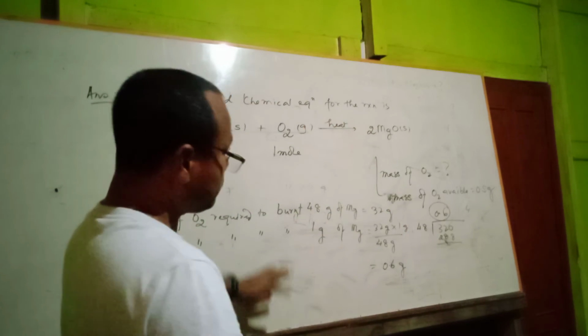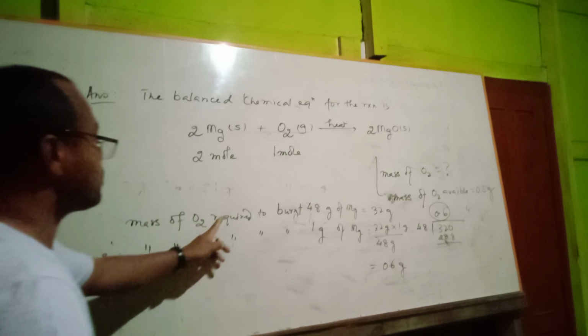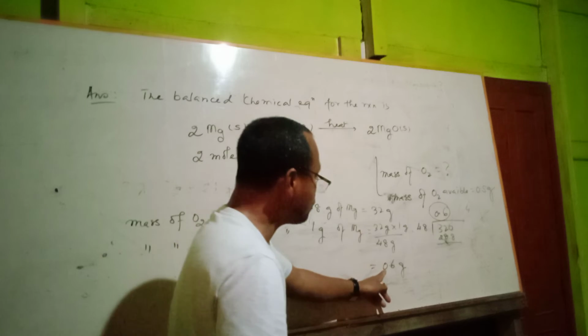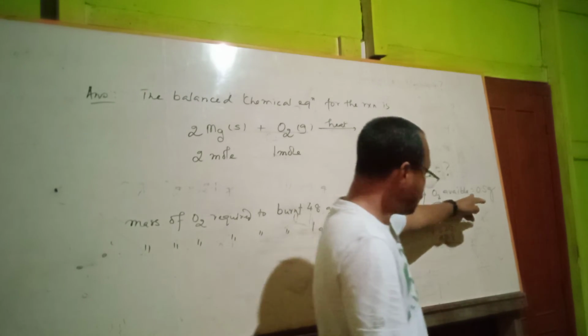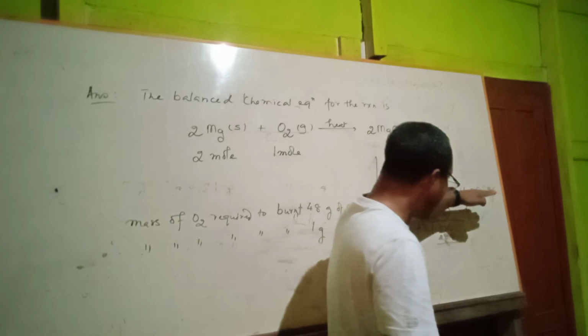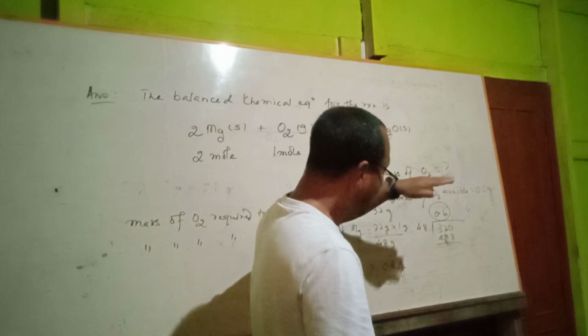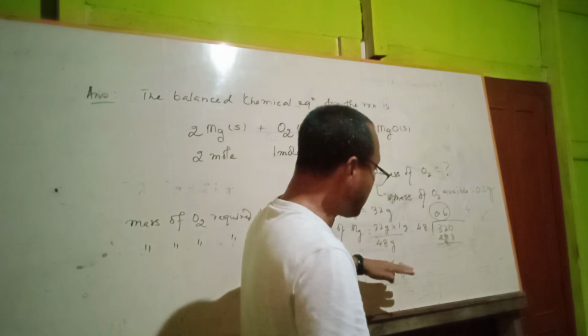From this calculation, the mass of oxygen required to burn the 1 gram of magnesium is 0.6 gram, right? How much oxygen is available here? 0.5. This is the available mass, this is the mass required.